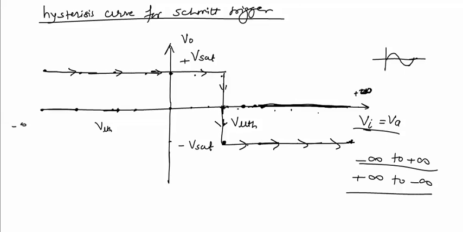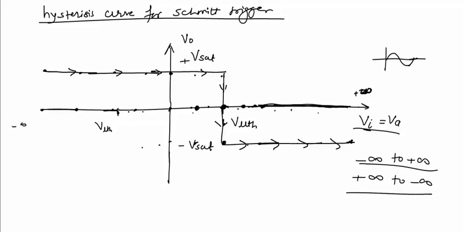When we cross this point VUTH, there will be no effect on the output, because at this time VB is not equal to VUTH. So again, when we reach this point VLTH, VA will be compared, and again VA is greater than VB, so output will be minus VSAT. In this way we'll get output minus VSAT.